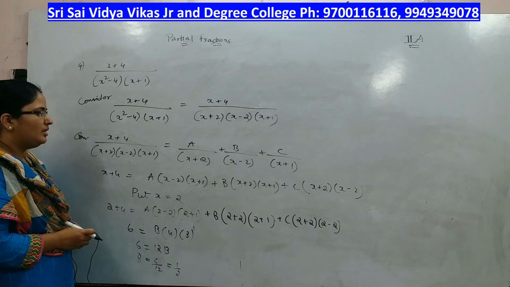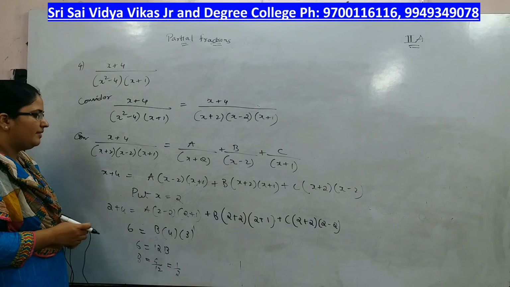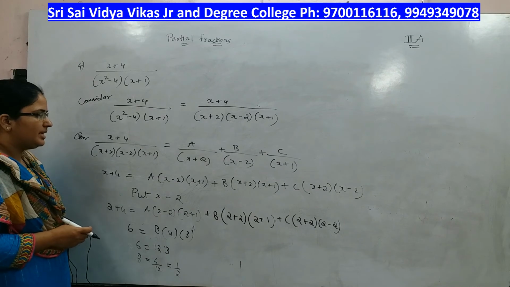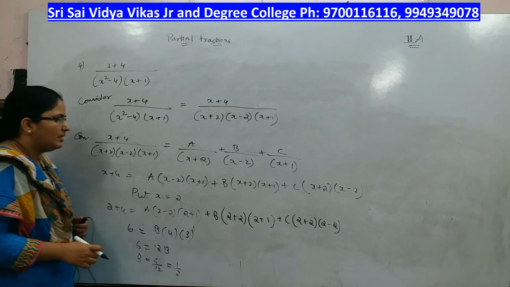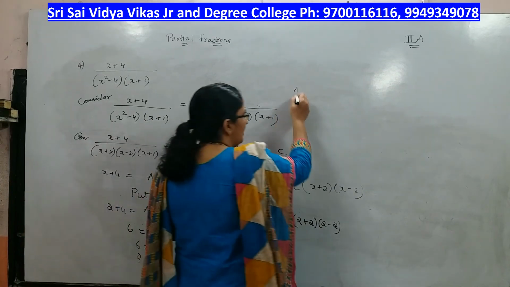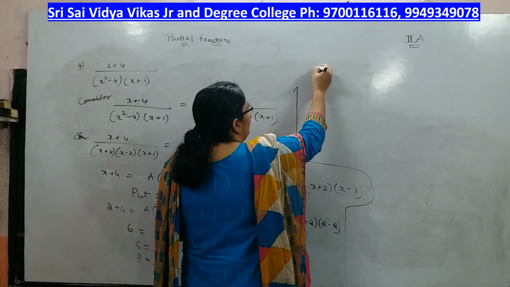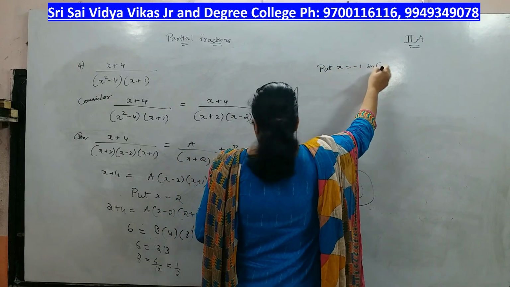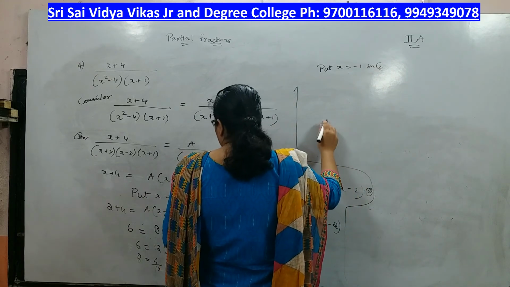Next we will find the value of c. How to find it? Put x is equal to minus 1. You put x is equal to minus 1, you will get the value of c. Now, put x is equal to minus 1 in 2. What do you get?